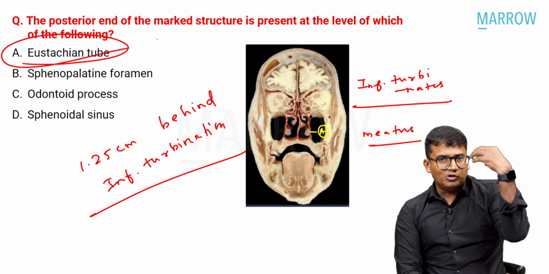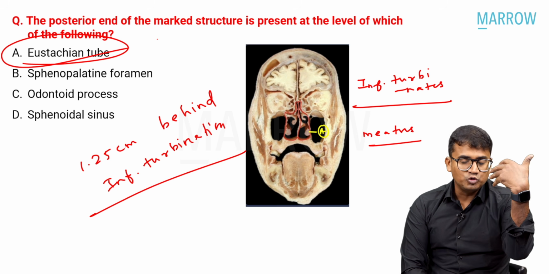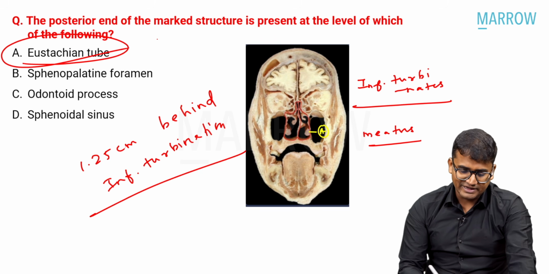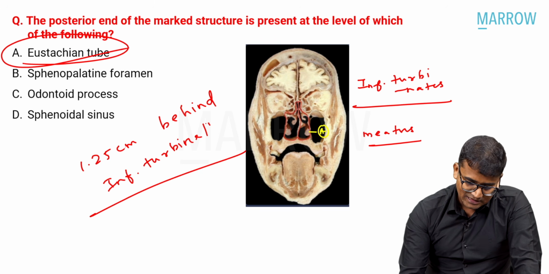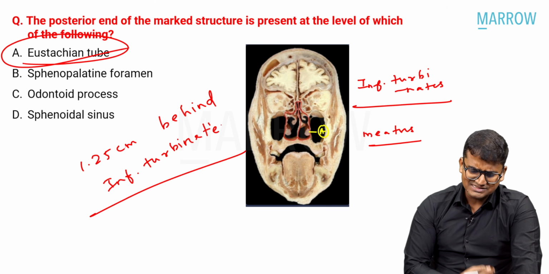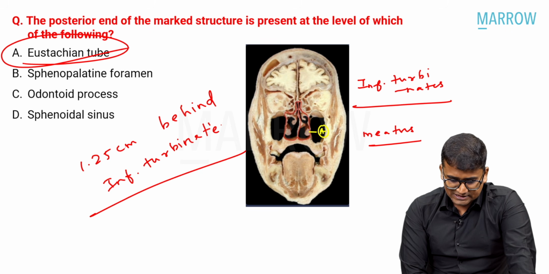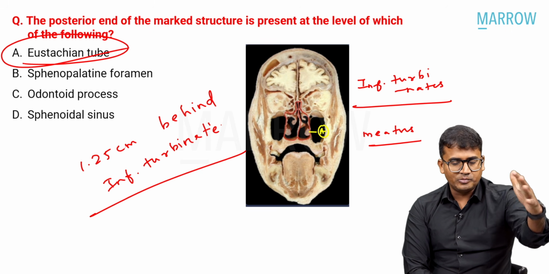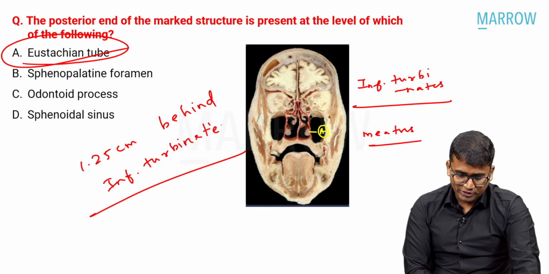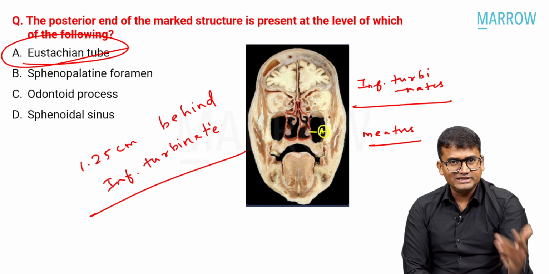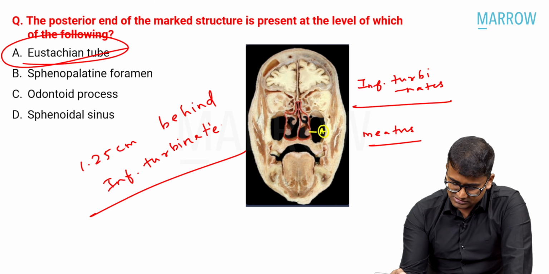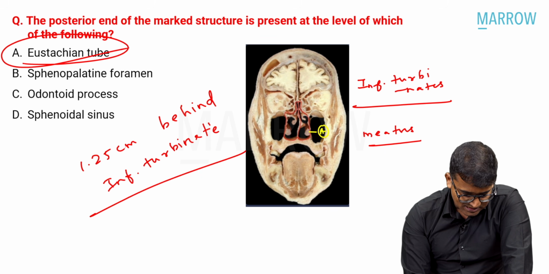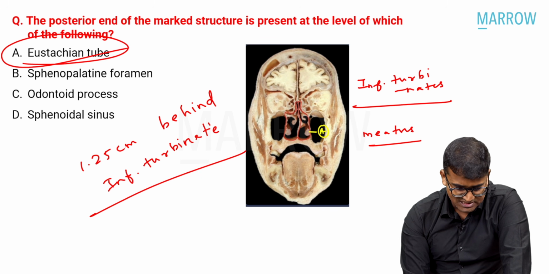It is an opening 1.25 centimeter behind the inferior turbinate, and that is the answer for this question. Very simple, easy question they gave in the INI-CET exam. So, the pharyngeal opening of eustachian tube is 1.25 centimeter posterior to the inferior turbinate. So, marking on the inferior turbinate, and that is the answer for this question.